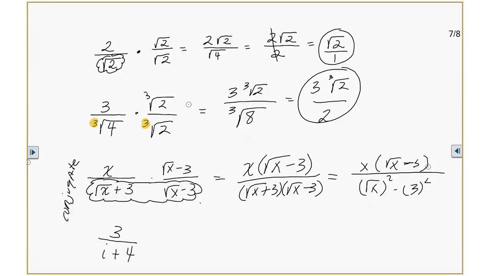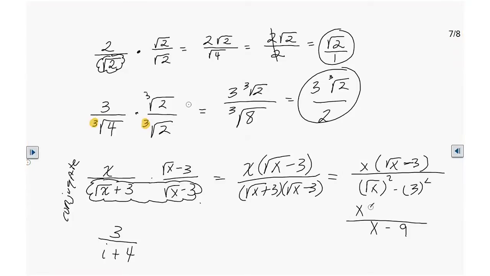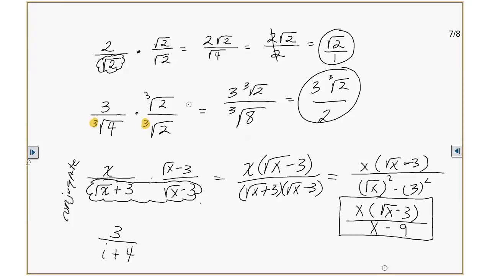And what is the square root of x squared? And what is 3 squared? And again, you have transferred the radical from the denominator to the numerator.